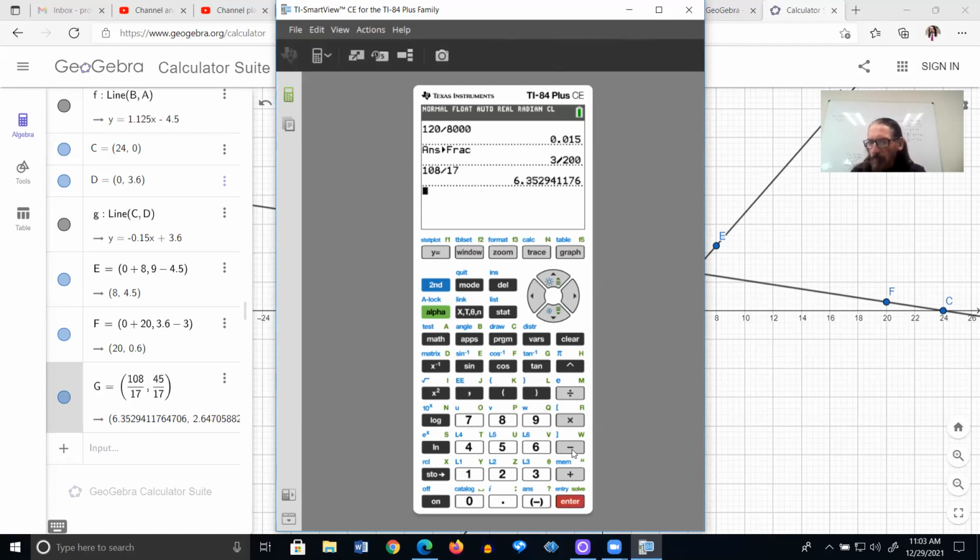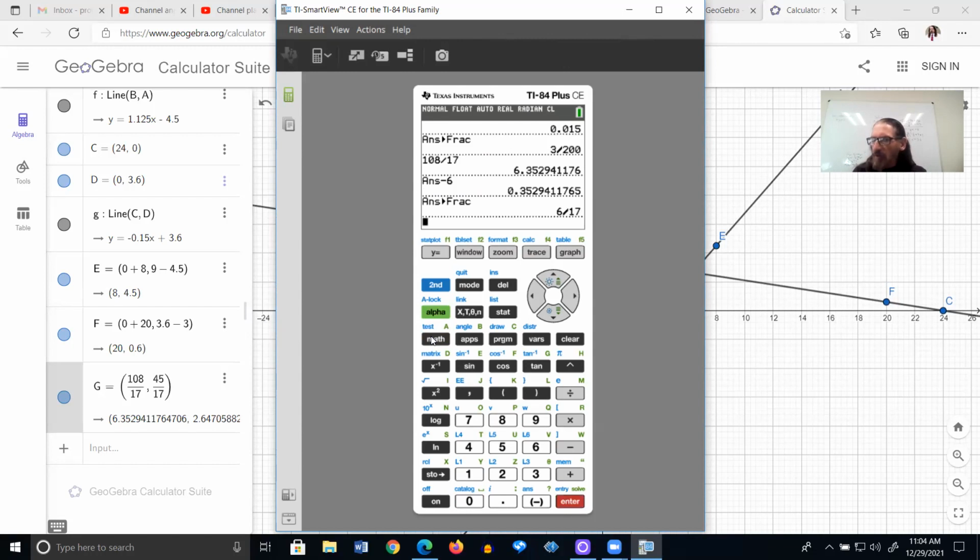To get the fractional part for a mixed number, subtract the whole number part of 6, and then press the math button and select the very first option. So that's telling us that 108 divided by 17 is 6 plus 6/17, i.e. 6 and 6/17.